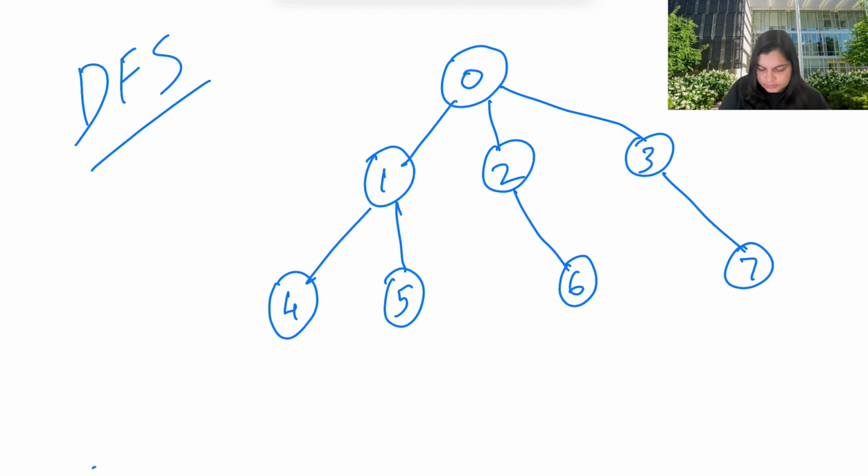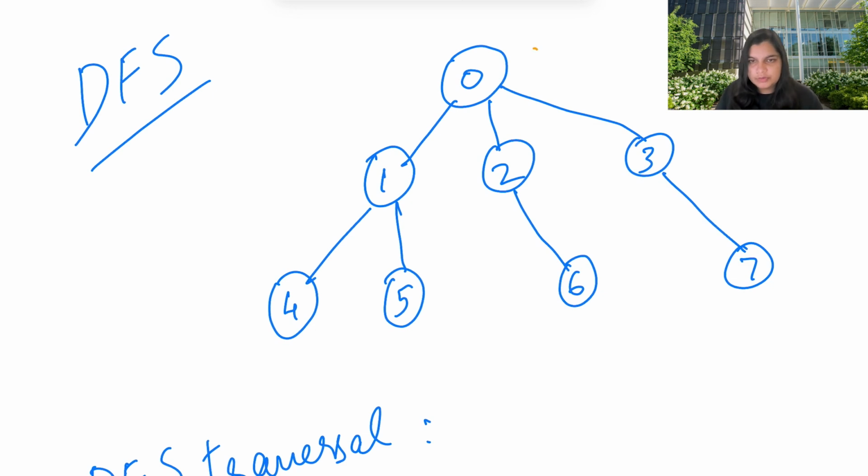Now, let's look at what the DFS traversal looks like. I'll use a different color in order to show you how it looks. Here, this is my source node. So first, my visited node is 0. Now, I visit 1.